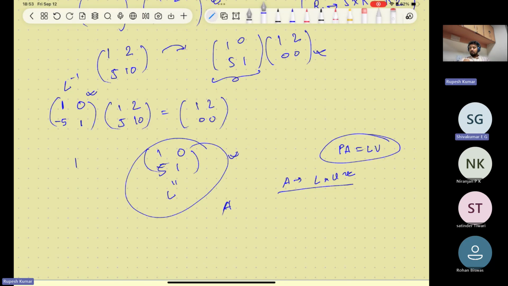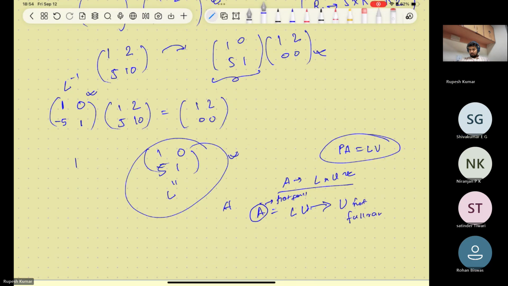If the matrix A is singular and you are writing A as a product of two different matrices, then there has to be at least one matrix which will be singular, because the rank of A is not full. A is not a full rank, right? So either one of these two has to be not full rank. And the case we saw in this, U was not full rank.